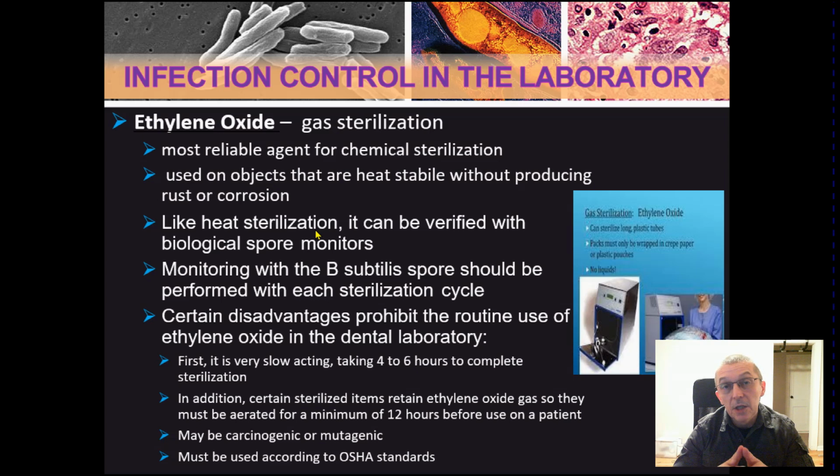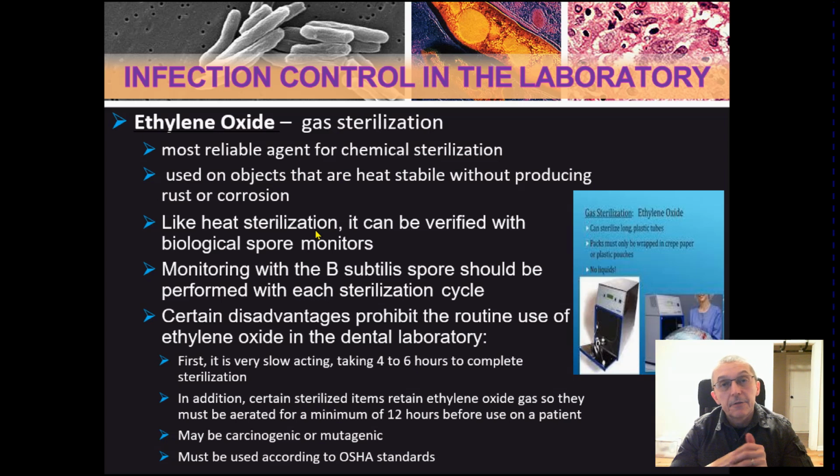You can't just wash them because that's not sterilization. After we sterilize these types of clothing, ethylene oxide needs to be vented out of the material, so it must be vented for a minimum of 12 hours before it can be used on a patient.